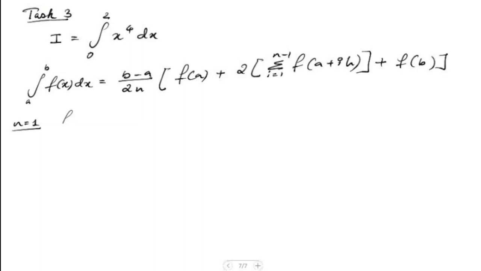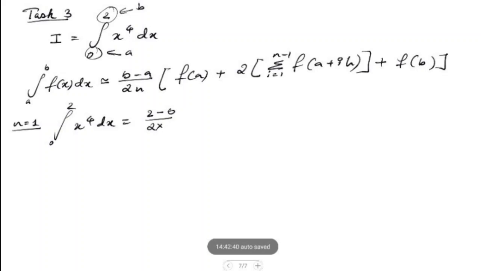So the integration from 0 to 2 of x to the power 4 dx will be equal to an approximation, where b is 2 and a is 0. So b minus a is 2 minus 0, divided by 2 times n, which is 1.